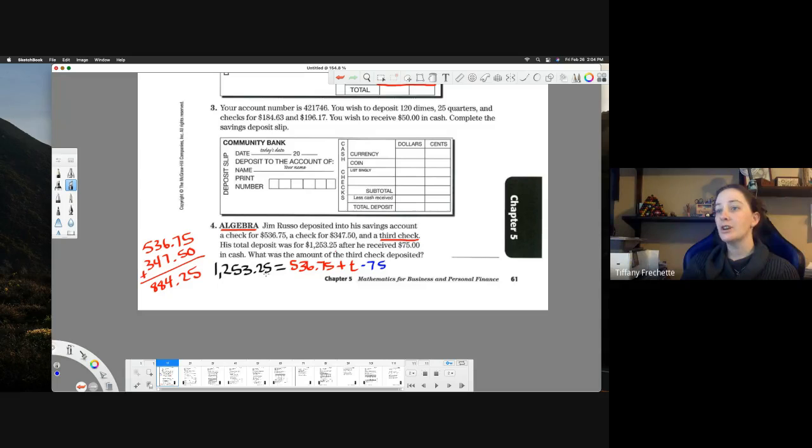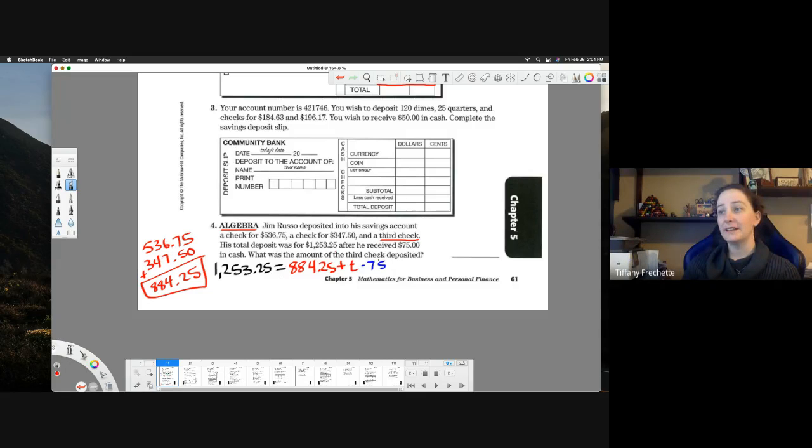So we need to make sure that we, and I just realized I made a mistake there, didn't I? I put just this amount, but we already totaled those. Silly me. I was supposed to write that amount there for the total of the other two checks. I only wrote one of them. So we have two checks total for $884.25. Sorry, didn't mean to make that confusing.